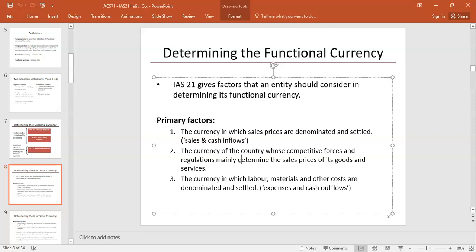That may be clear cut for some businesses; for multinationals and whatnot, maybe a bit more complicated. But generally you're not going to be asked that in AC571. You're going to be given the situation of where the subsidiary or where the transaction is based. But you do need to know the narrative, the logic behind the standard, because this can be quite an important decision when you go to more complex transnational cross-border businesses.